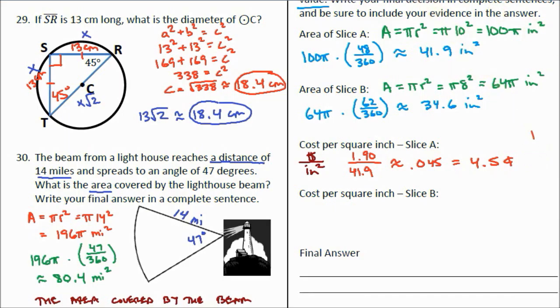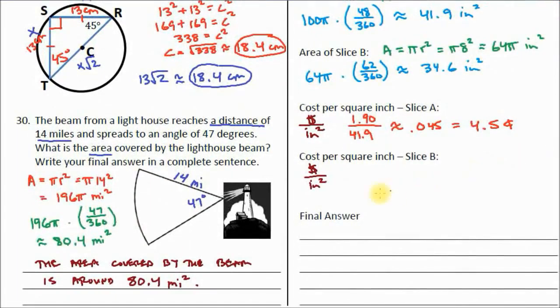Let's take a look at slice B. So for slice B, we're going to also do cost per square inch. What does slice B cost? $1.75 over a total area of 34.6 inches squared.